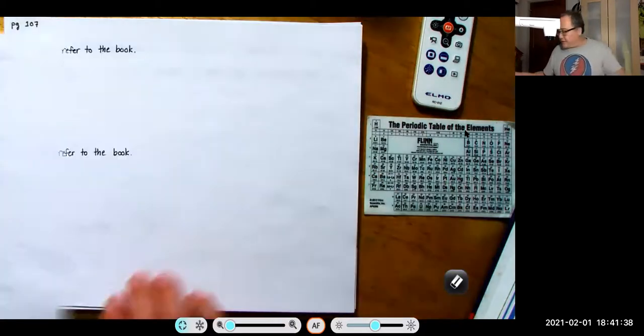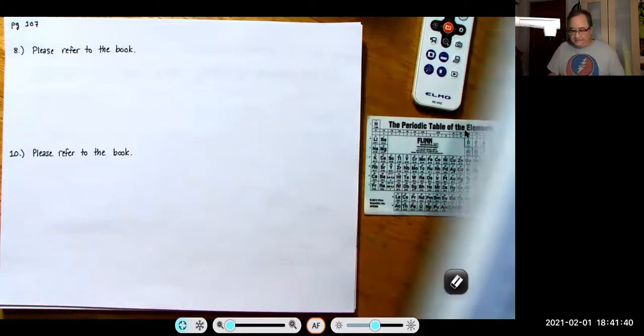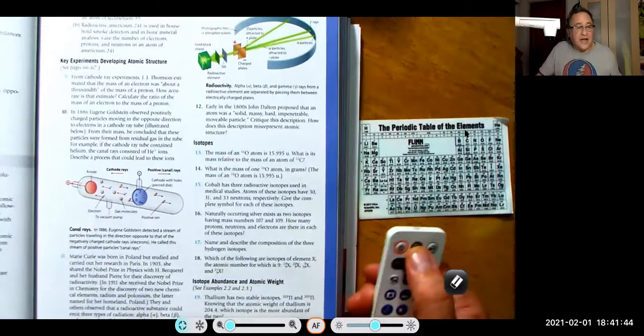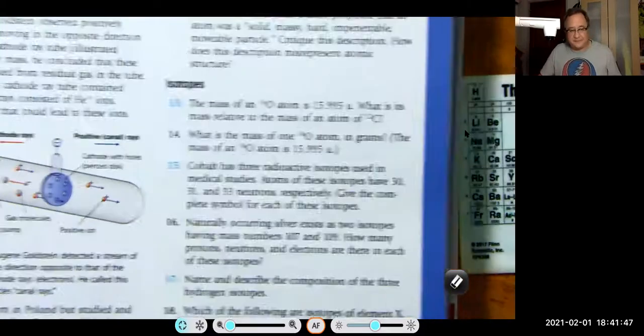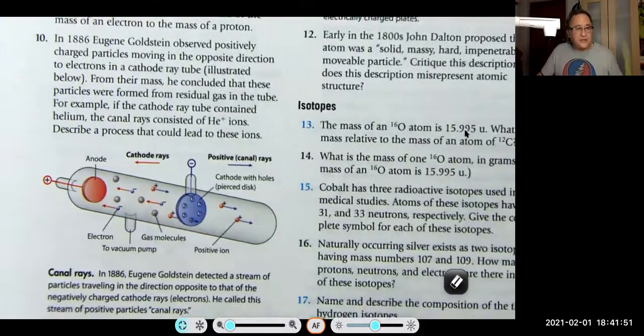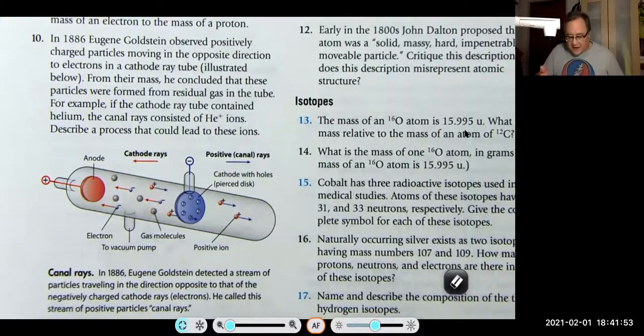Let's take a look at number 10 in the book. Number 10, I certainly don't want to draw this out, but I want to talk about this a little bit. So this is a cathode ray tube, and this is one of the devices that they use to learn about electrons. And this here is an anode.